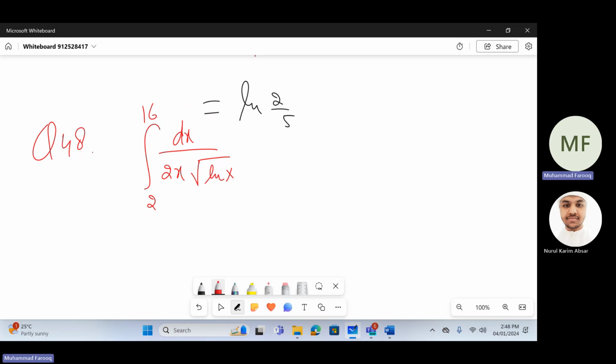We can simplify more. Square is 8? No. How can you write 8? 8 should be written as 2 to the power 3. Please take the upper limit minus the lower limit. So please apply the limits first, then check the answer, please.